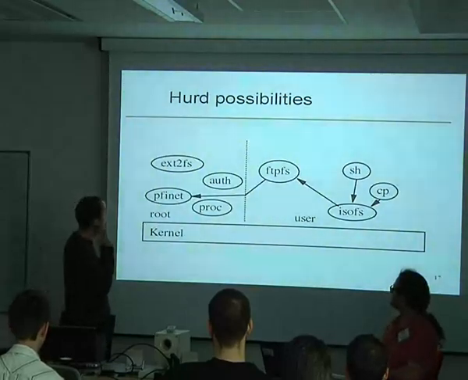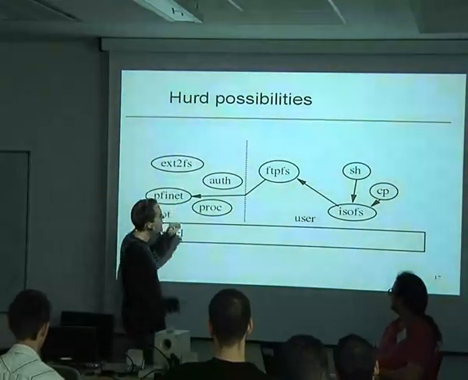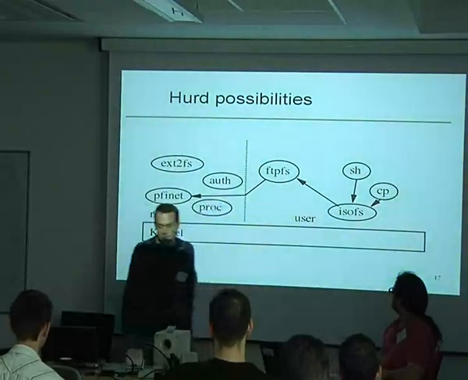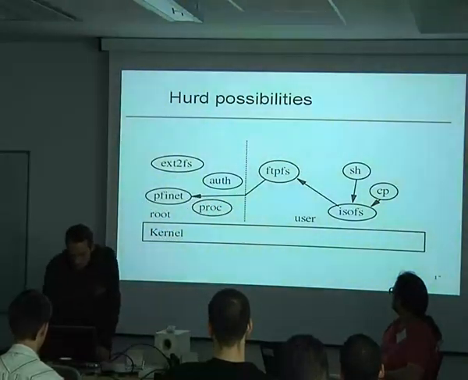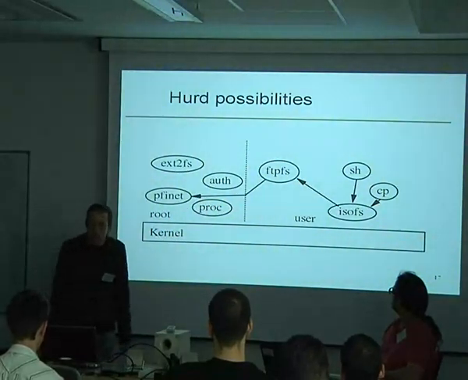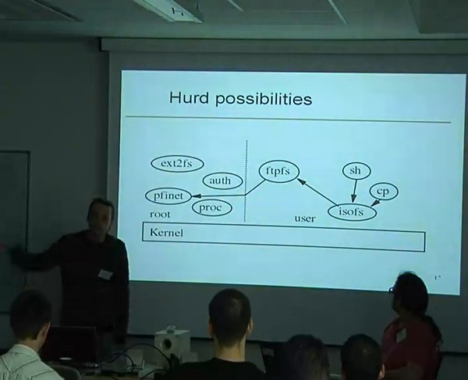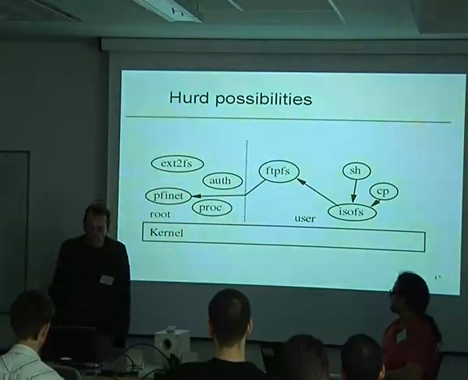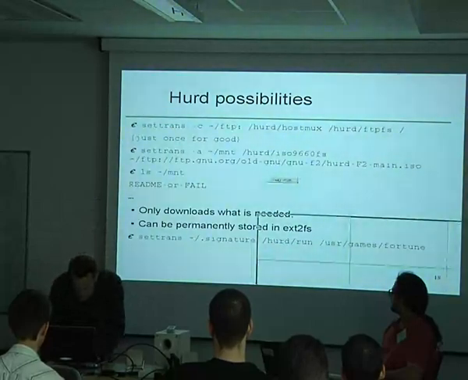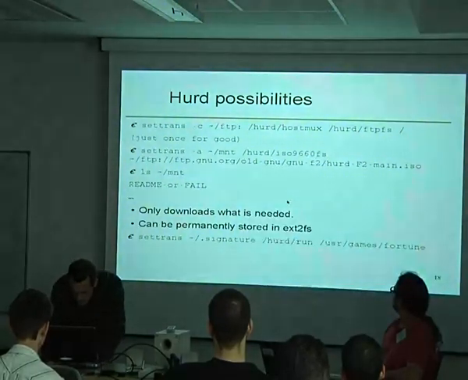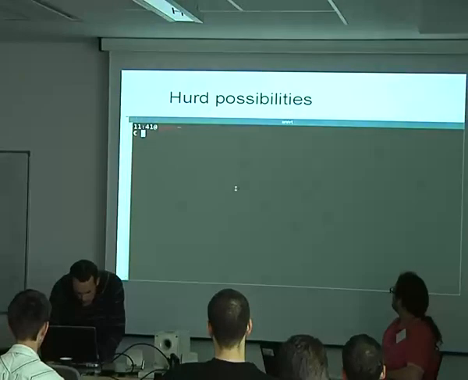So for instance, a nice thing you can do is using FTPFS and ISOFS to access a file inside an ISO image which is distributed over FTP, over the network. So I can show you this.